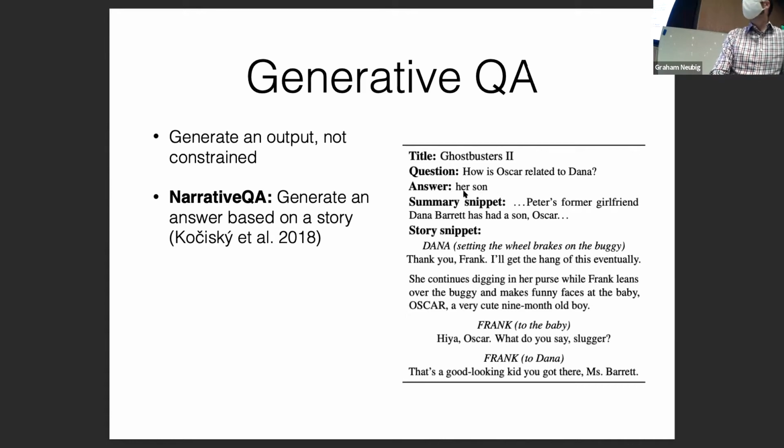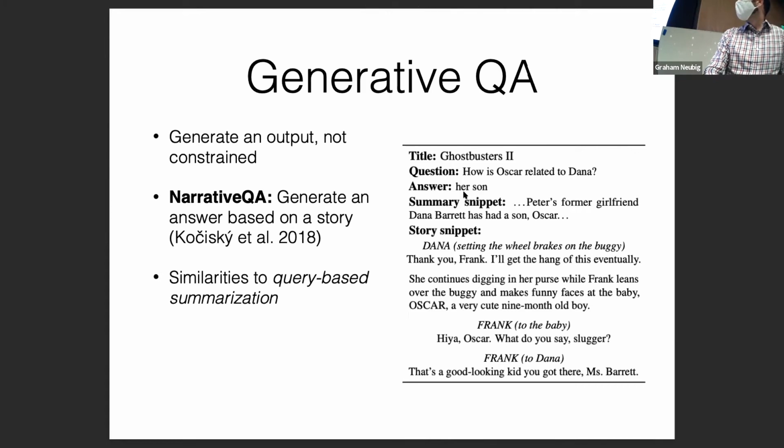But it's answered in a very succinct way that's not directly written in the text. So this is a kind of interesting data set as well. This also has similarities to summarization tasks, because you're trying to take the input and summarize it in a very concise output, but you also have a query related to this as well.